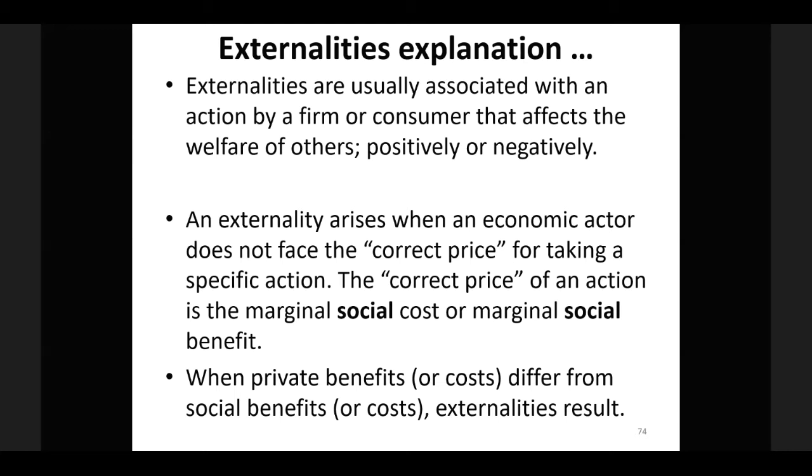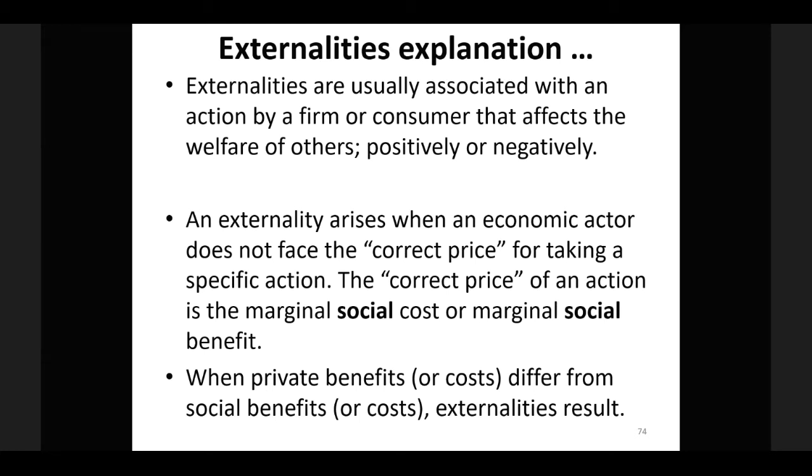And I saw this correct price way of defining externality from the MIT, Massachusetts Institute of Technology, United States of America, where they look at it this way, that an externality arises when an economic actor does not face the correct price for taking a specific action.